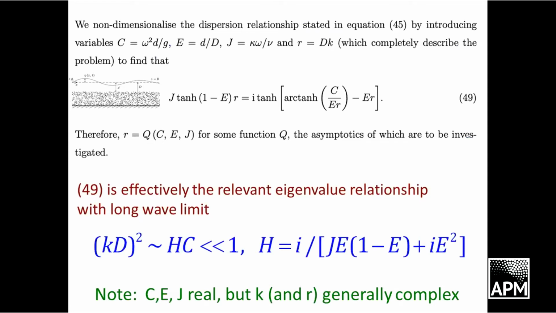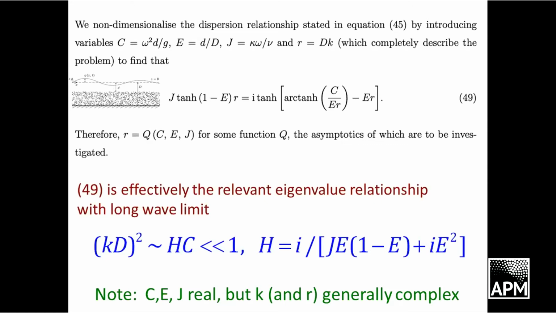Now, the result for the dispersion relationship, the omega squared equals gk tanh kh that I showed you before, is shown here in equation 49. I've stolen it from our publication. And there are a number of non-dimensional parameters. One is C, which is some indication of the wave frequency.